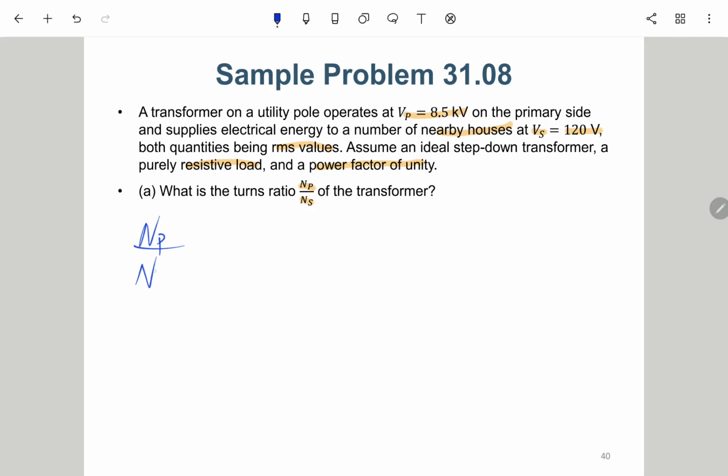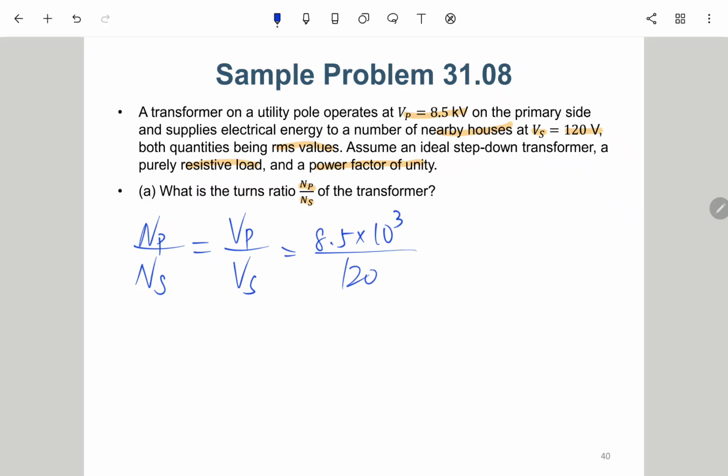Np over Ns is nothing but Vp over Vs, so it is proportional to the voltage. This is 8.5 times 10 to the third power over 120 volts. 120, or in Macau 220 volts, would be the RMS value. If you consider the amplitude, you need to multiply by square root of 2.